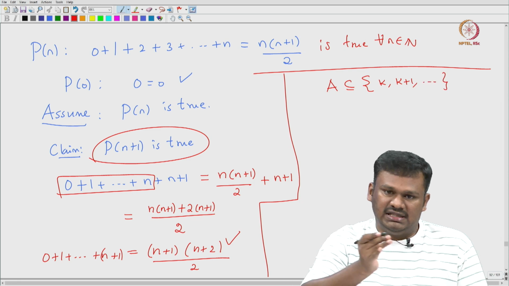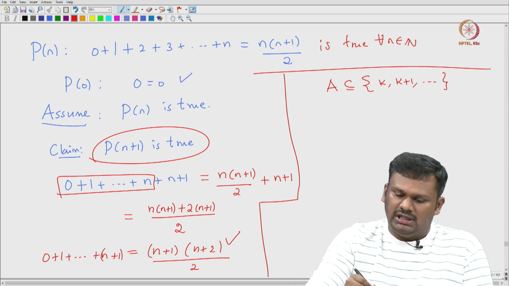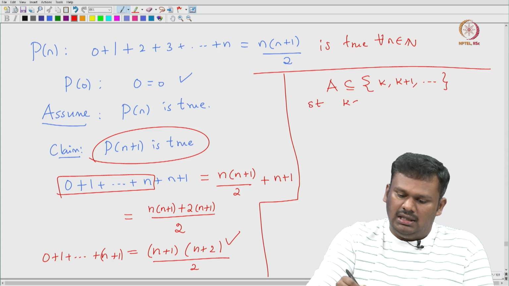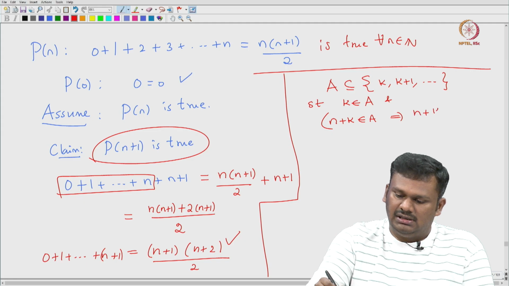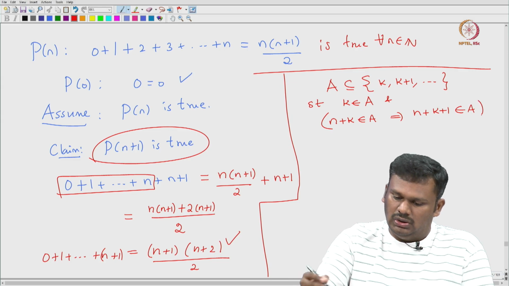I am doing the shifting, okay, such that k is in A, and whenever n plus k is in A implies n plus k plus 1 is in A, for all n greater than or equal to 0.